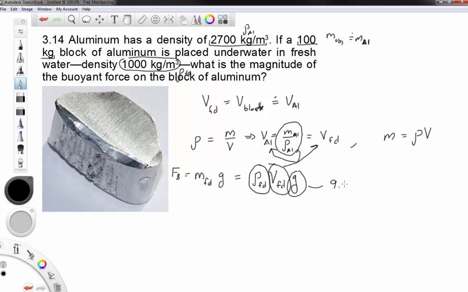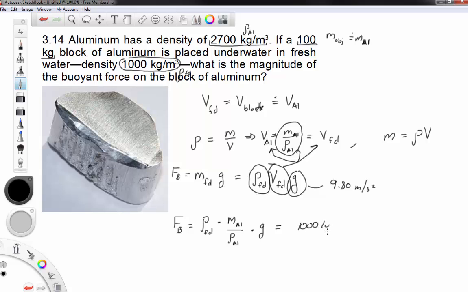And of course, the gravitational acceleration would be 9.80 meters per second squared. So let's put all that together, and what we get is that the buoyant force should be the density of the fluid, which is being displaced, times the mass of the aluminum block divided by the density of the aluminum block, times the gravitational acceleration.